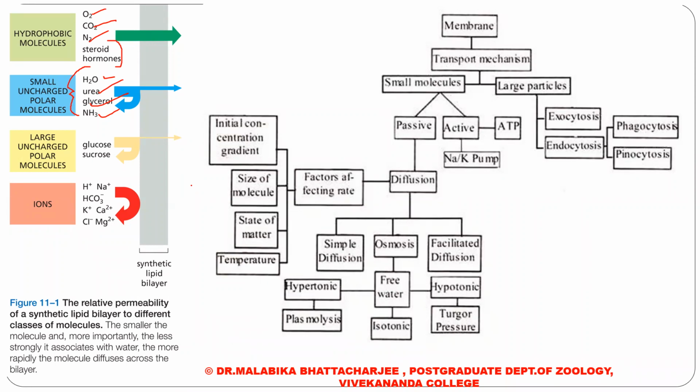So given these two concepts, we developed two concepts: size, an important point when molecules move across the membrane, and another important point, as I just told, hydrophobicity. Considering these two points, just a second, let me write this hydrophobicity.